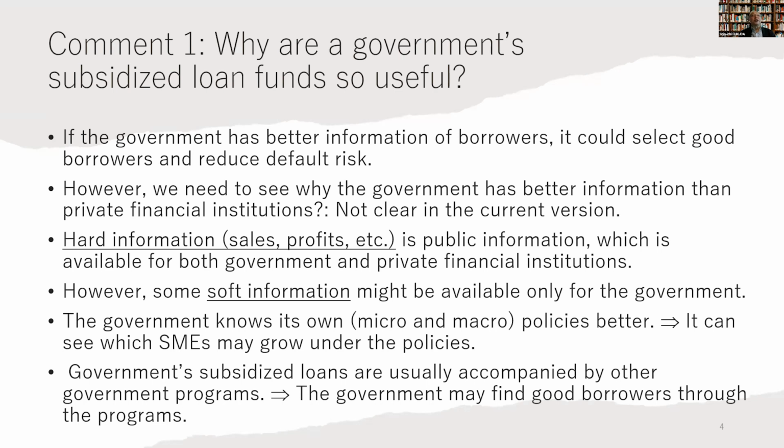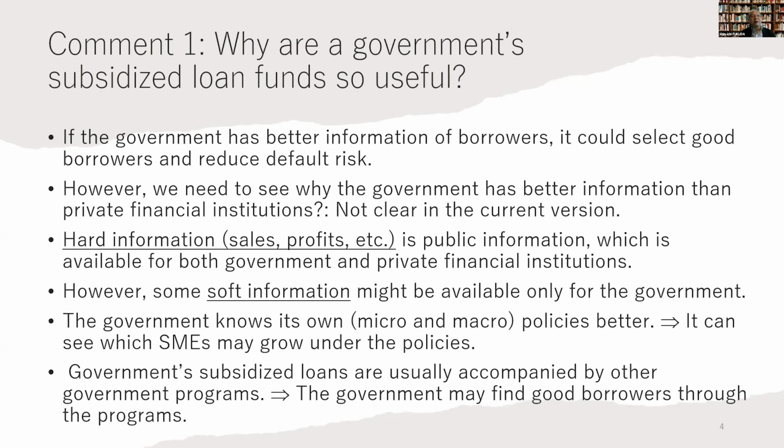One natural question is why the government subsidized loan was so successful in Bangladesh. In theory, the model is sort of a reduced form, so the story was in a black box, but we need to discuss more extensively why the government subsidized loan was so successful in Bangladesh.